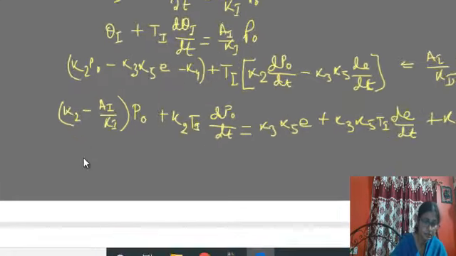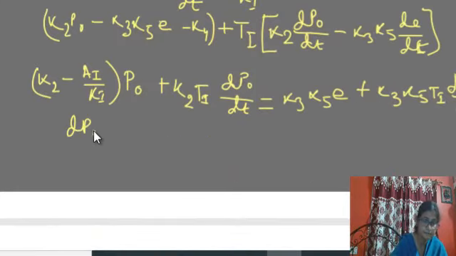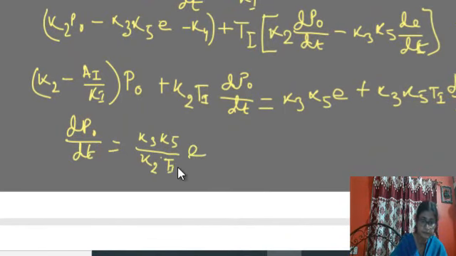So the expression is dP0 dt equals k3 k5 by k2 Ti into e plus k3 k5, all these are some other constant, into de dt.